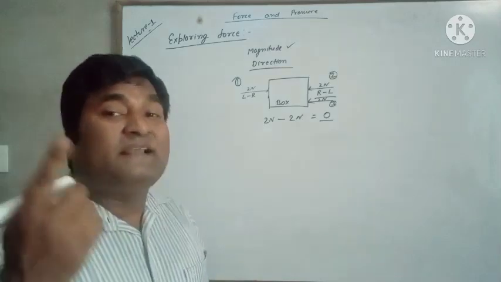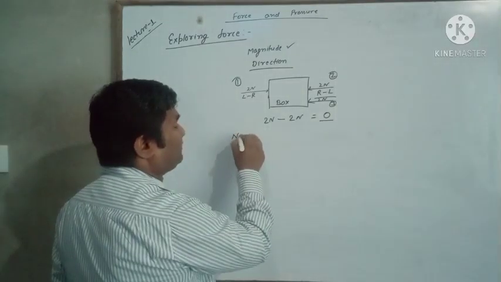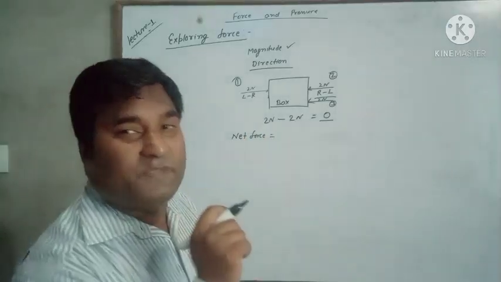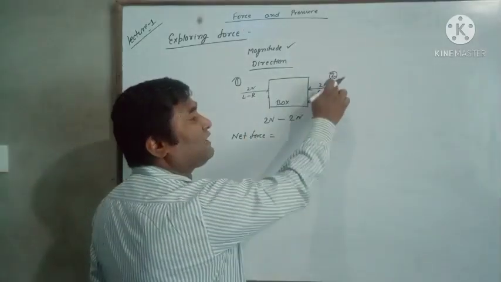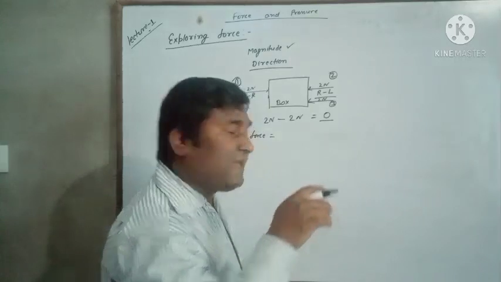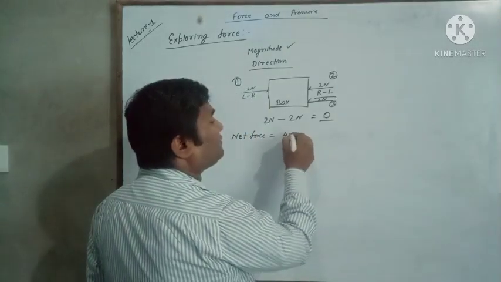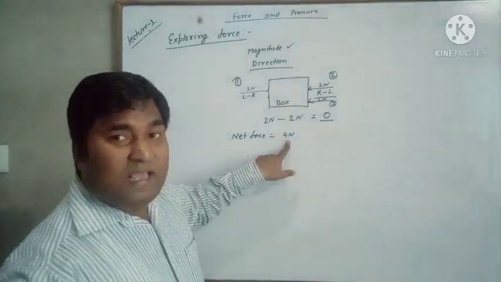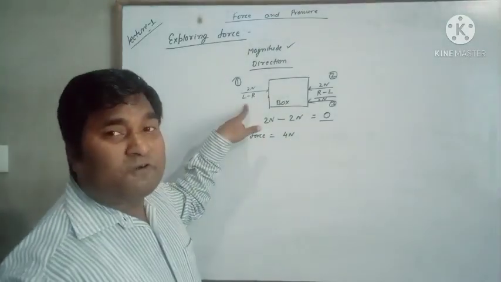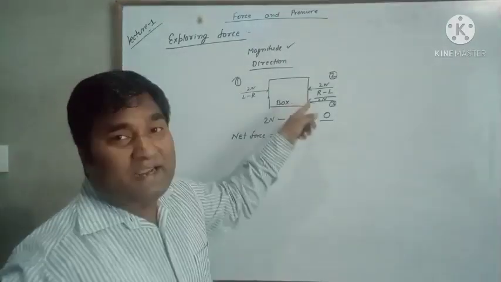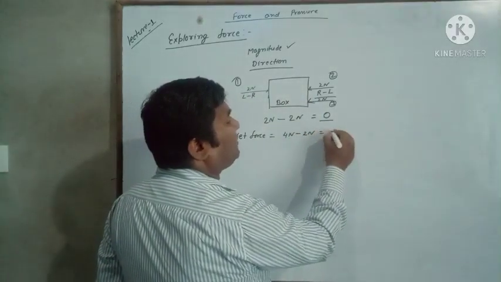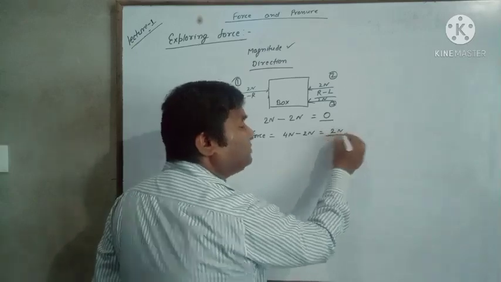So the net force on the box will be: since both are applying force from the same direction, the total force applied from right to left is 4 Newton and the total force applied from left to right is 2 Newton. So 4 minus 2 Newton, the resultant force is 2 Newton.